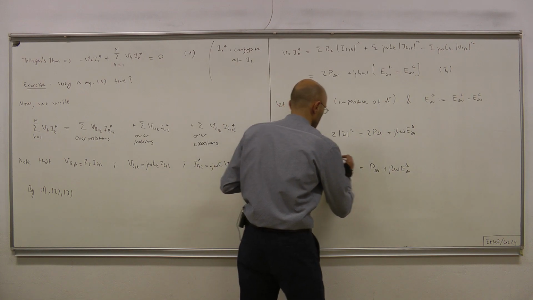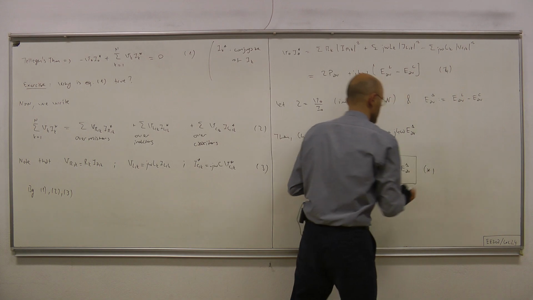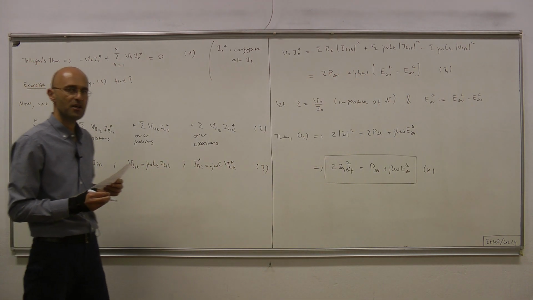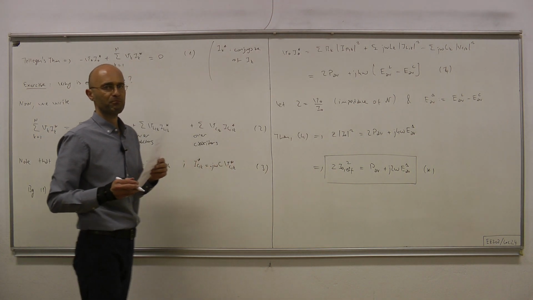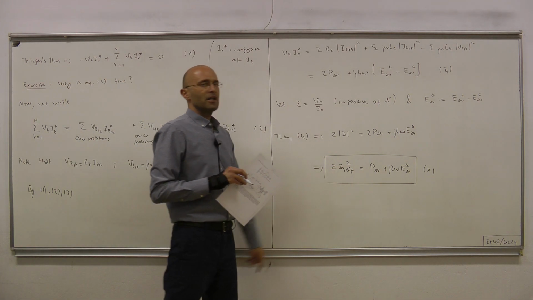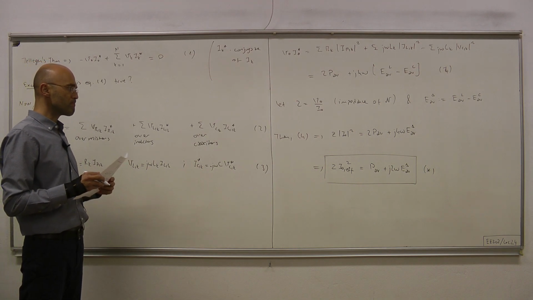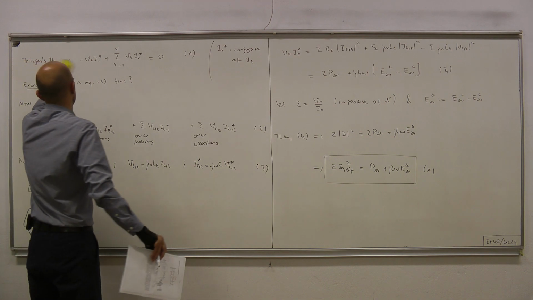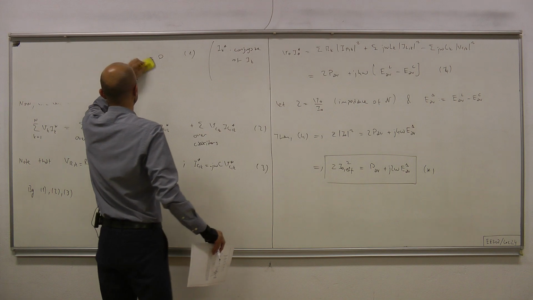And this is the equation which allows us to see the physical meaning of the real and the imaginary parts of the impedance multiplied by the square of the effective value of the current. Okay, so let's write that down, which is now more or less obvious.